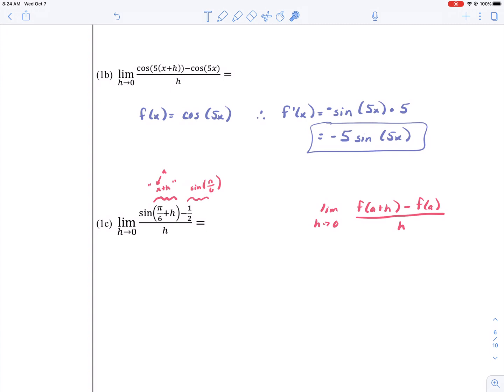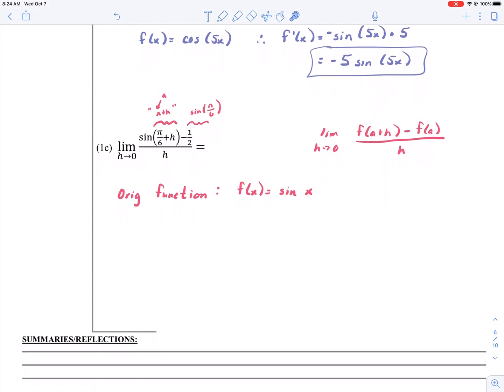So sine of x was actually my original function. Please don't try to take the derivative of this. Again, that's just going to be 0. So my original function, before I plugged in any values and got numeric analysis, was f of x equals sine of x.